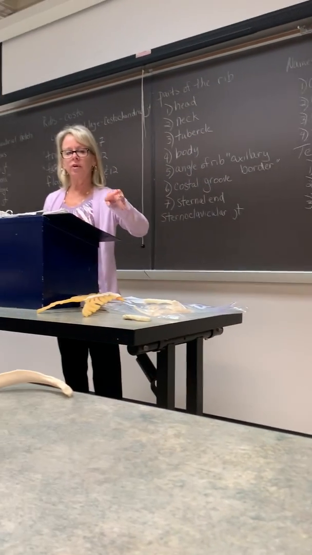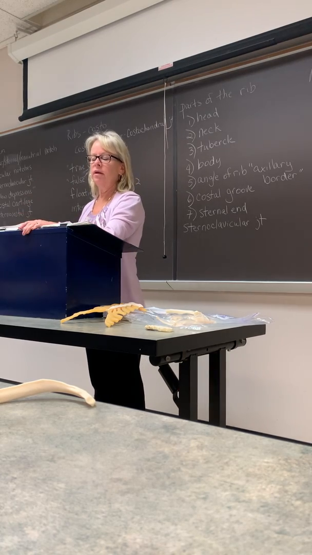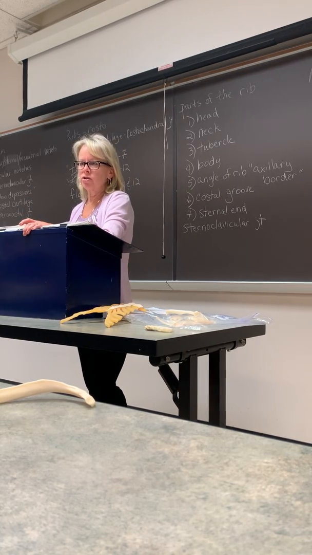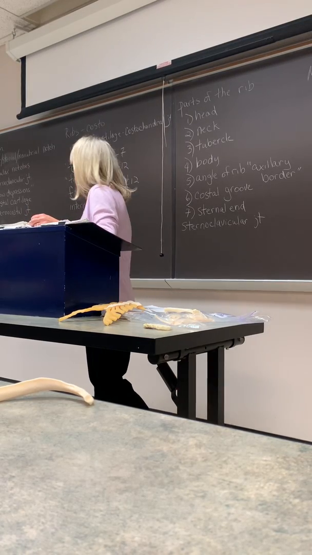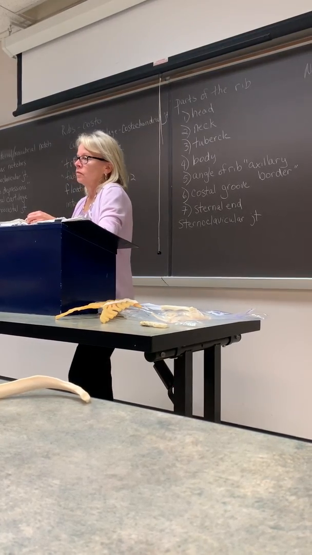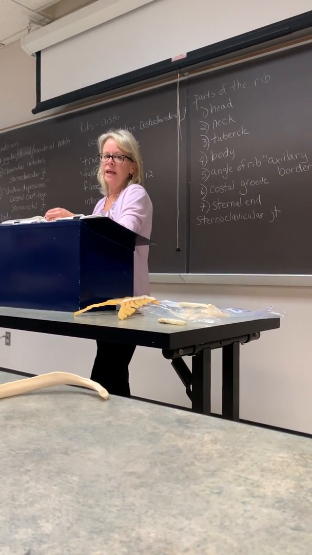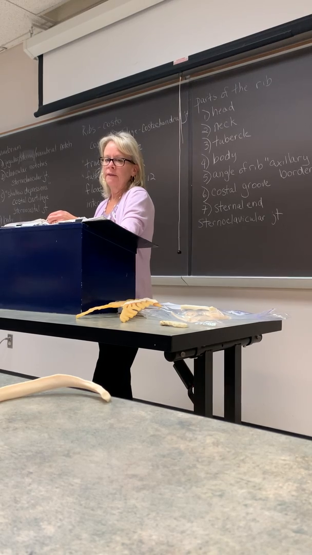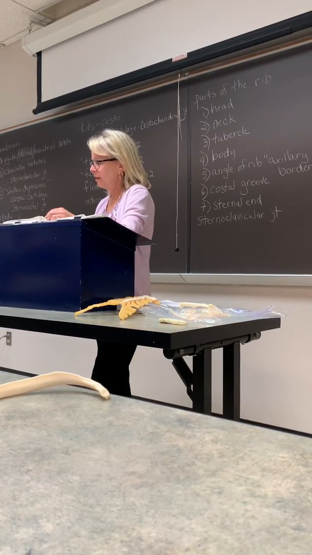Okay, like I said before, the costocartilage of ribs 1 through 7 attach directly to the sternum. Costocartilage of 8 through 10 attach to the costocartilage of 7.